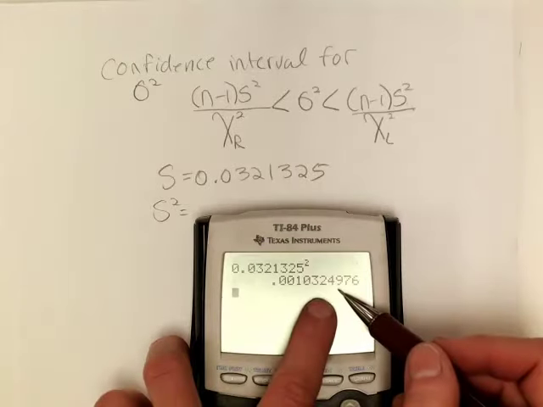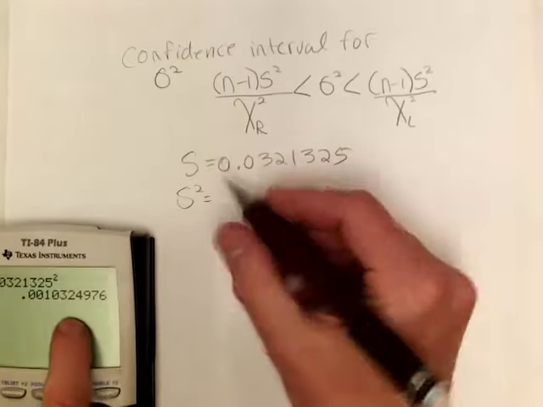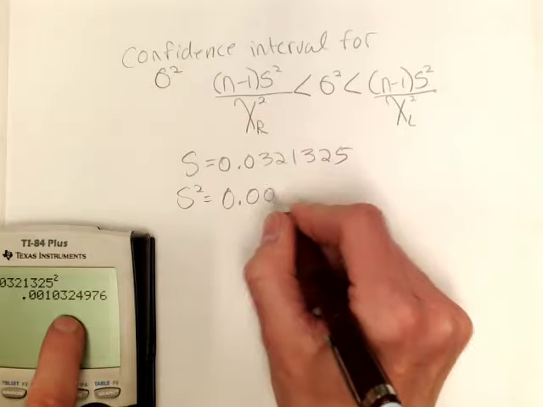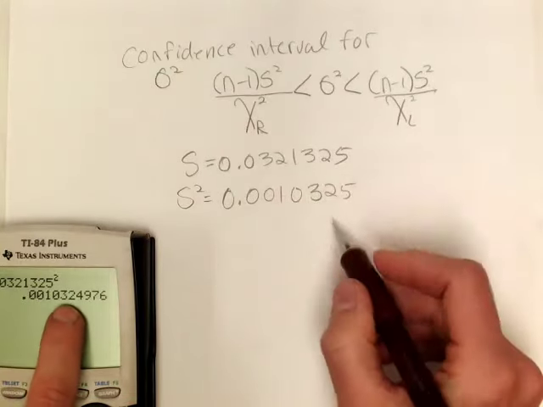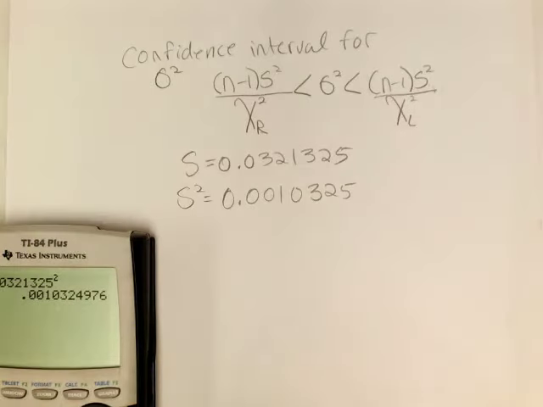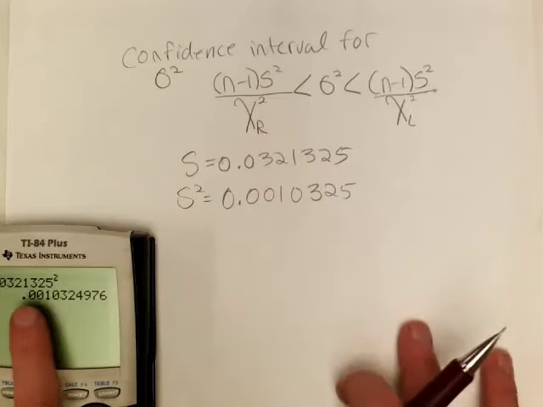So here's the sample variance. It's about 0.0010325. I'm carrying that out pretty far so that my answers will be close, if not exact, to the answers in my stat lab, for example.